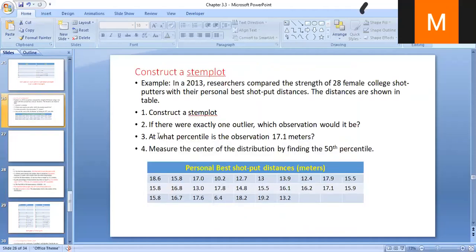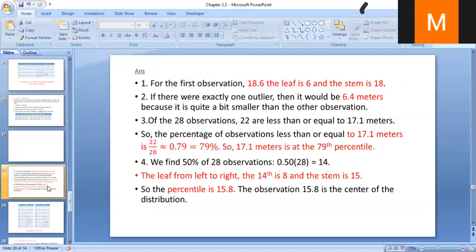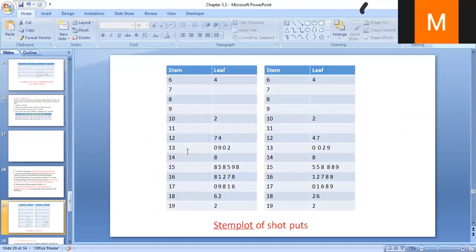Number 3, at what percentile is the observation 17.1 meters? What percentile is 17.1 meters? You look on this, 17.1 here, right? This one, 17.1.